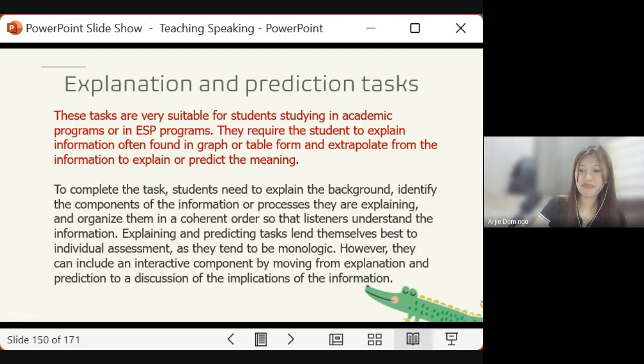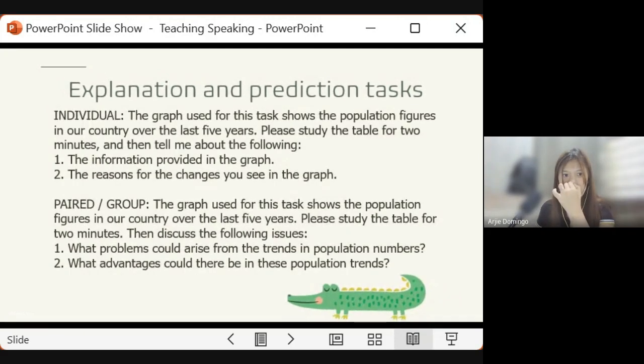All right. So an example would be for the individual, you could have them read a graph and right here. The graph used for this task shows the population figures in our country over the past 5 years. Please study the table for 2 minutes and then tell me about the following. 1.